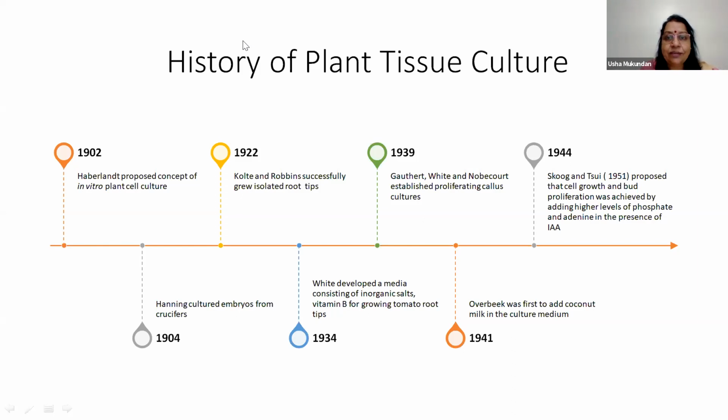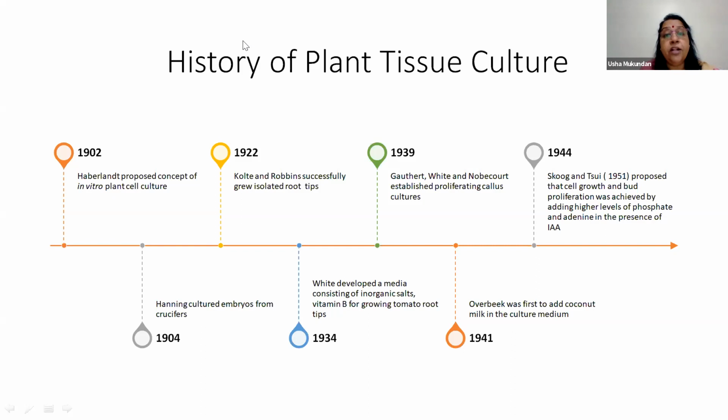Meanwhile, Philip White developed a culture medium, initially added yeast, but then he replaced yeast with vitamin B for growing tomato root tips. Now, it is said that till today, these root cultures are being maintained in the laboratory. That means you can say that they are sort of immortal. Why immortal?